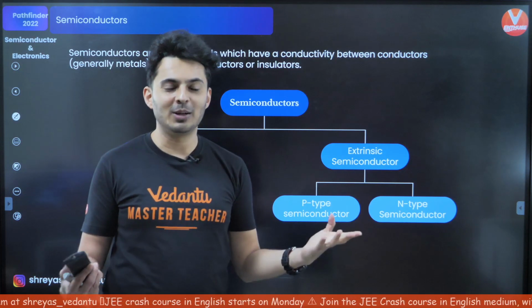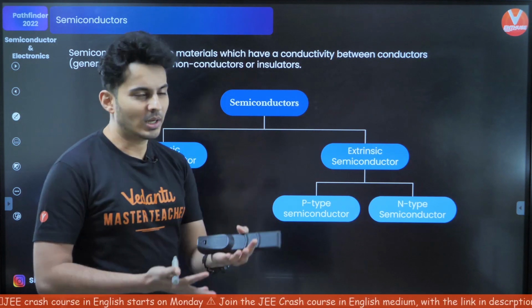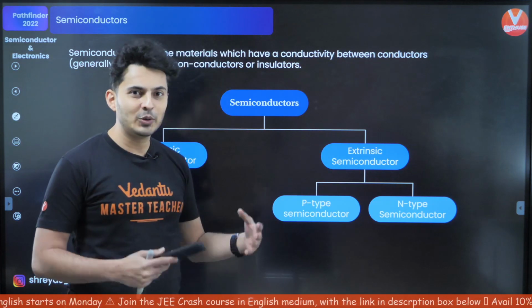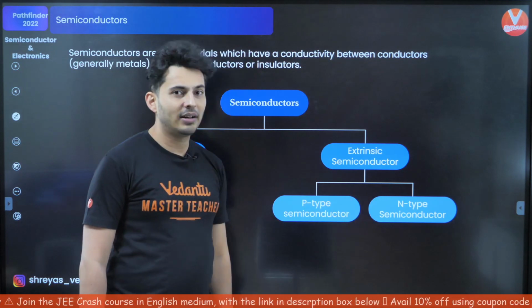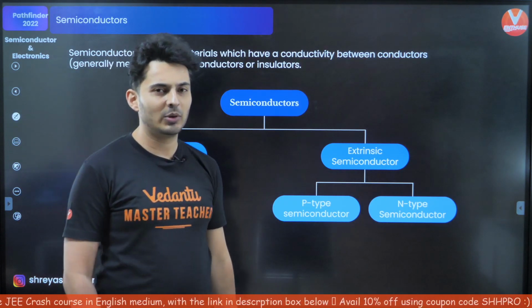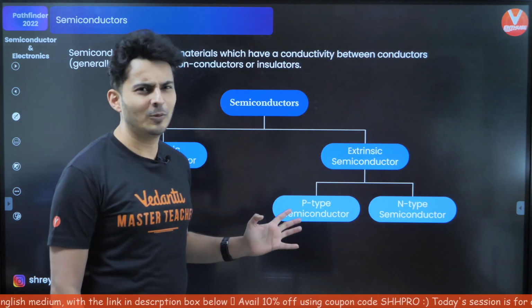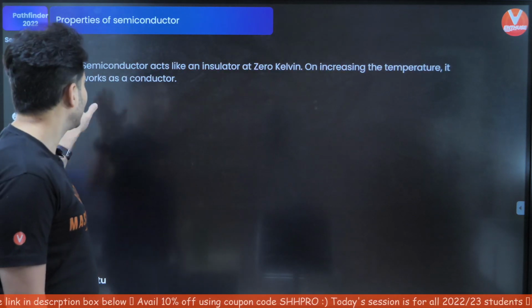You change the behavior, like, you motivate somebody to do something. You can motivate the person to do many things. So in this kind of semiconductor, you can alter its behavior by doing some alterations. P and N type, we are going to come to that. I know you might be thinking, sir, P stands for positive, N stands for negative. Well, you're close, but not that close. Well, let's talk about it.